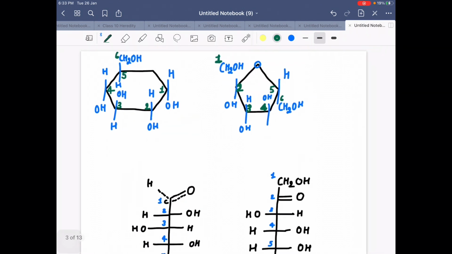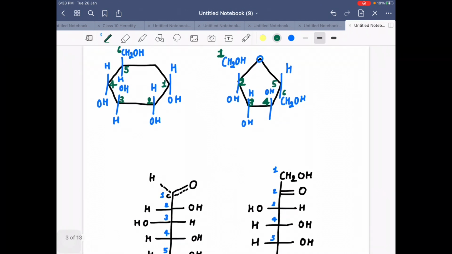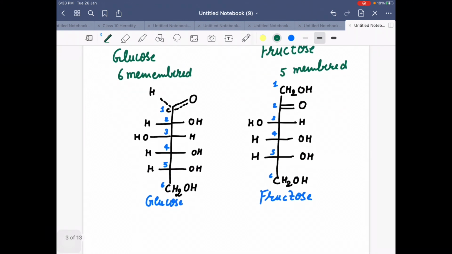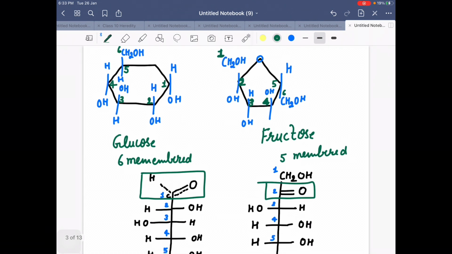That is really going to help you to form your glycosidic bond. So this is the structure of glucose with a 6-membered ring, and here we have fructose with a 5-membered ring, and here is the open chain structure, which has our aldehyde group, and here it has our ketone group.